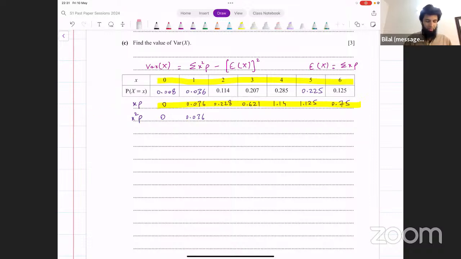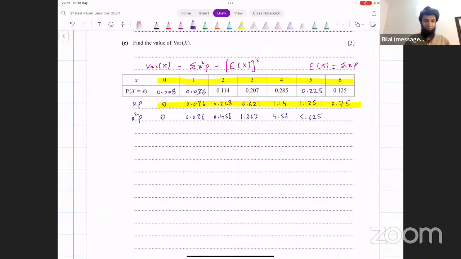So what do we get? 2 into 0.228, that's giving me 0.456. And then 3 into 0.621, that is 1.863. 4 into 1.14, that is 4.56. 5 into 1.125, that is 5.625.